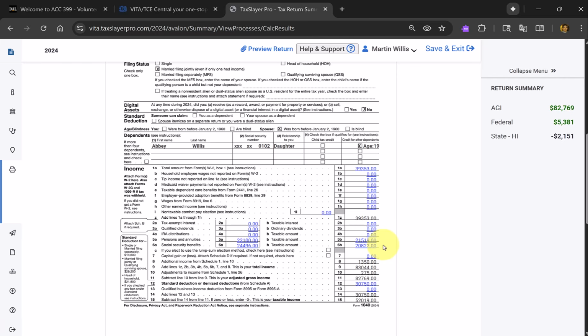And one way to calculate if this is probably the correct number in the taxable amount: if the taxpayer has a moderate amount of other income, here it looks like $50,000 or $60,000 of other income besides Social Security, up to 85% of this gross is going to be taxable.